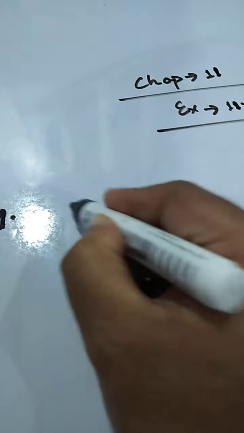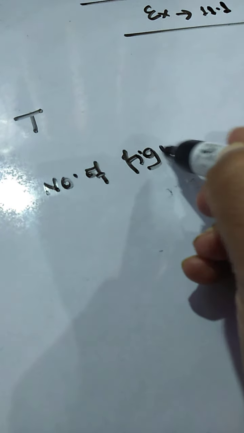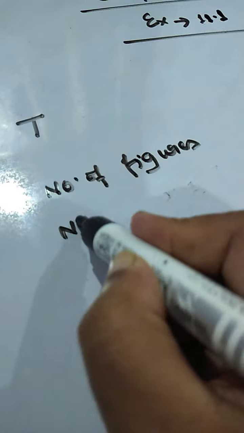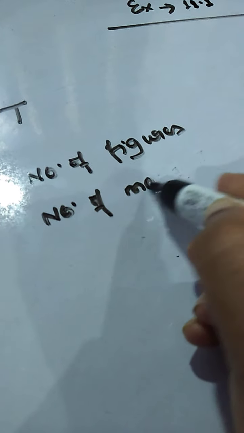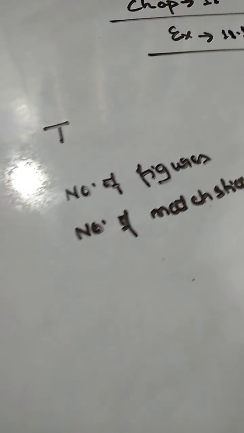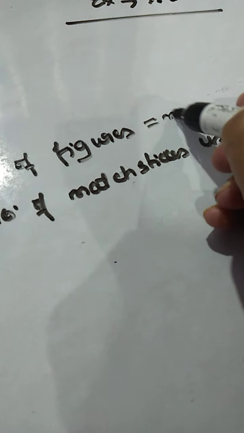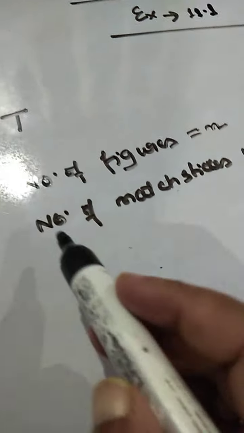The two things that you have to follow are the number of figures and the number of matchsticks used in each figure. These two things you have to remember. Suppose we let the number of figures be n, and the number of matchsticks used in each figure, we have to count.